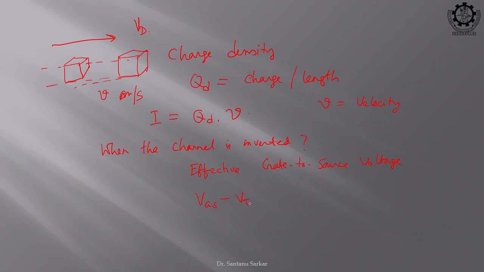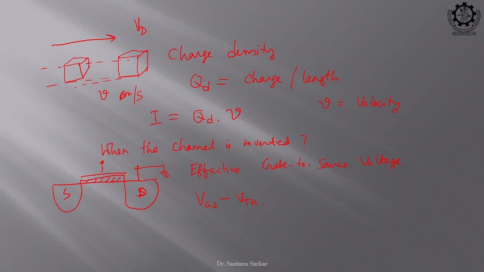VGS minus VTH. Now, consider this is the source, this is our channel and this is our drain, and this is a positive voltage, and this is our oxide region, this is our gate region. We have applied a positive voltage here, and suppose this node is ground.